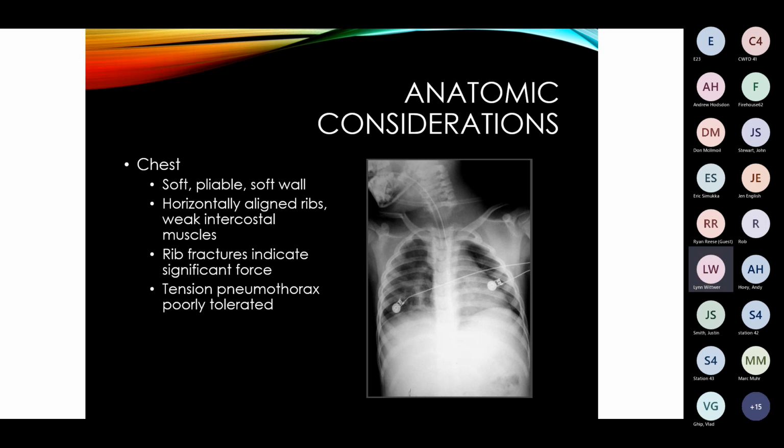Rib fractures indicate incredible force because the ribs are so pliable that if you fracture a rib, that was an incredible amount of force that hit that. So that means that force is transmitted into the chest cavity itself. When children get a tension pneumothorax, it's very poorly tolerated because of the soft, pliable chest.